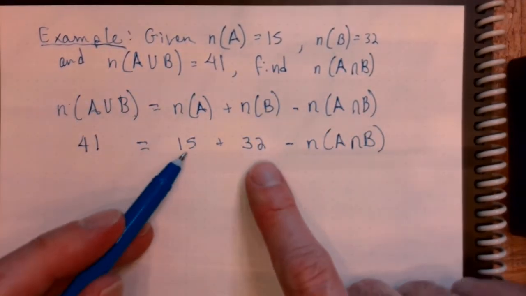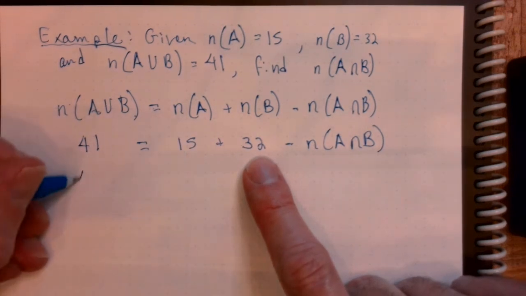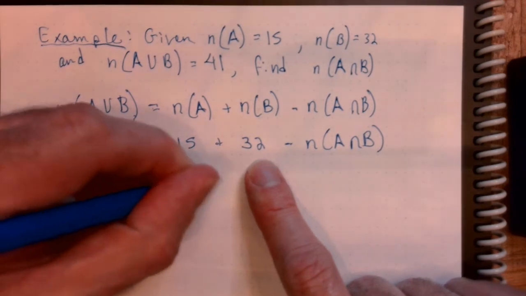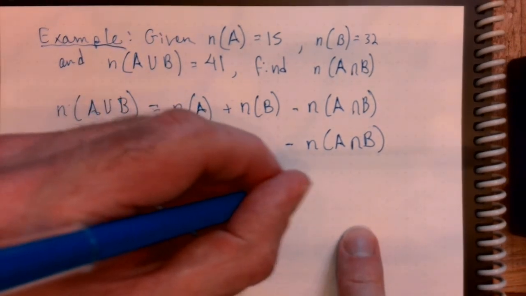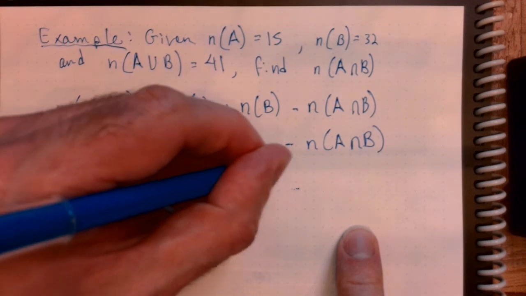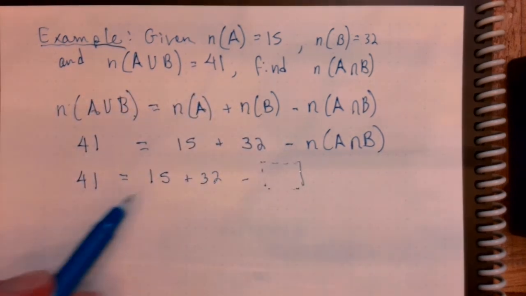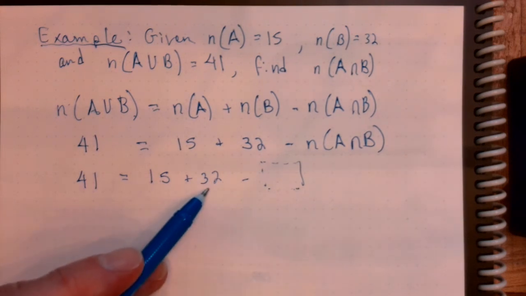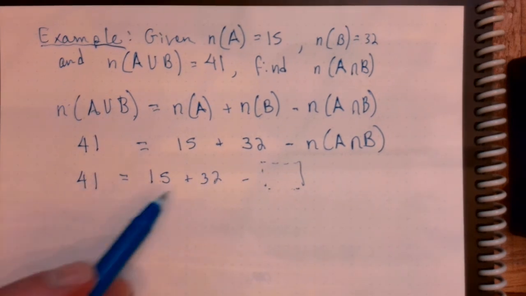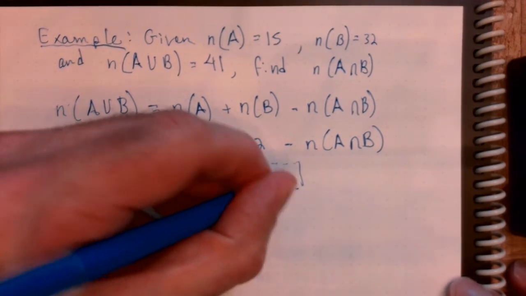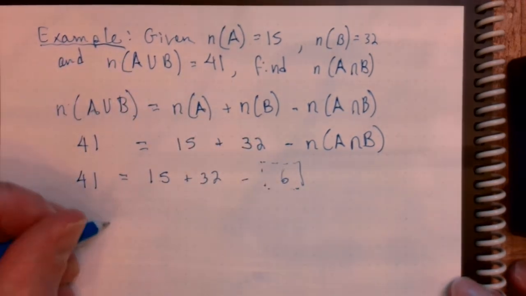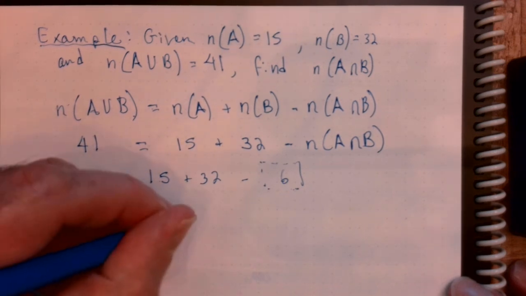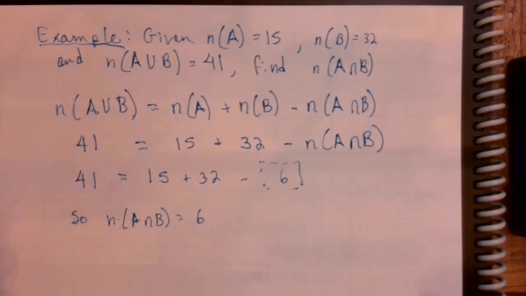So 41 equals 15 plus 32 minus, and I'm just going to leave this blank for right now. On the right hand side, right now I have 47. I want the total to be 41, so this should be a 6. So the number of elements in the overlap would have to be 6.